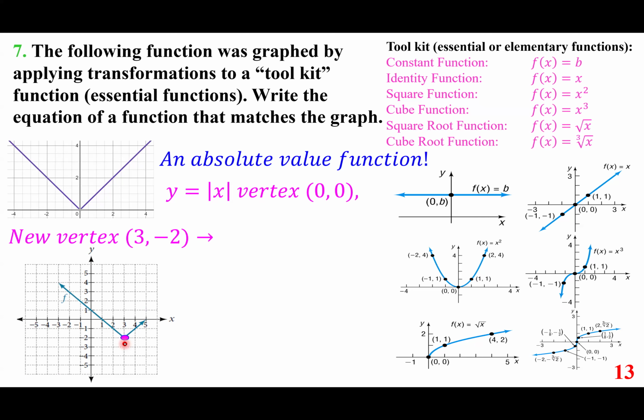So what do we do? Let's write the general format. Y is a, where a means some number which we don't know, times the absolute value of x minus h, plus k.